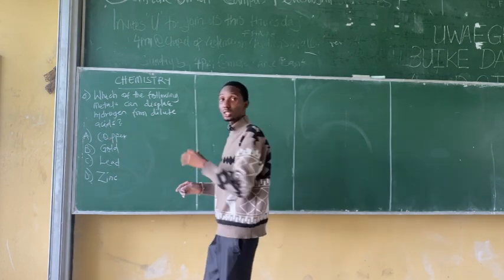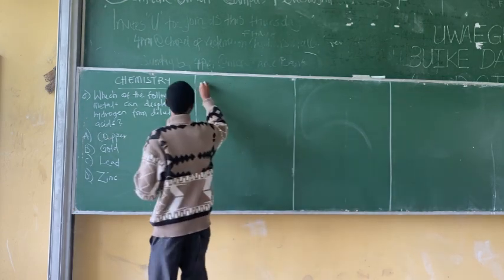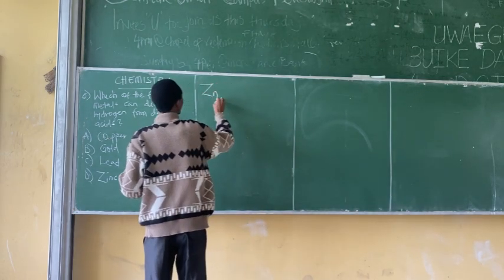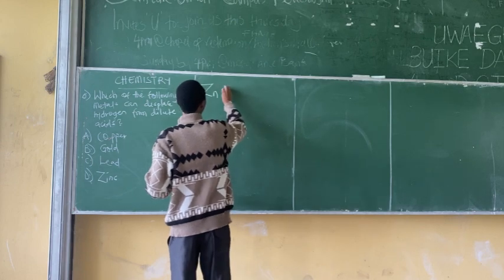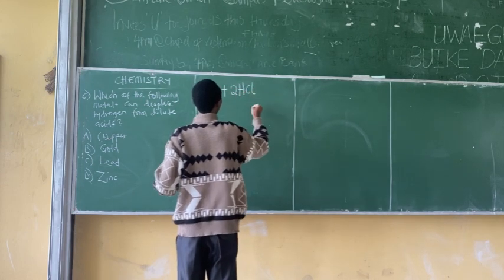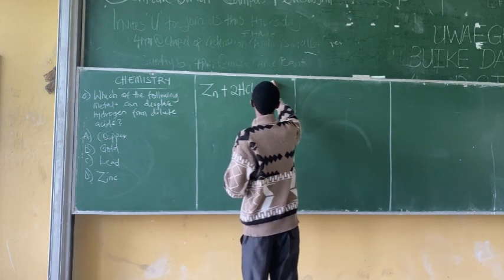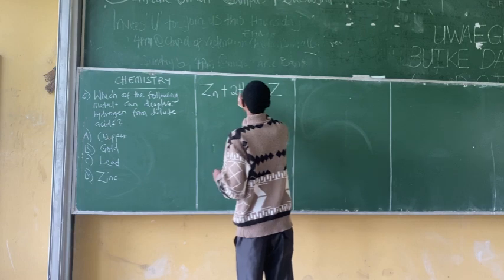So, if you add zinc to an acid, something like this, we have this. This is zinc reacting with an acid. Let's take hydrochloric acid for instance. It's going to give us what? It's going to displace hydrogen here.